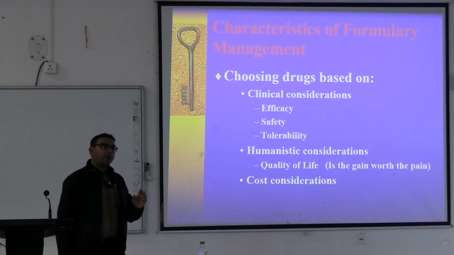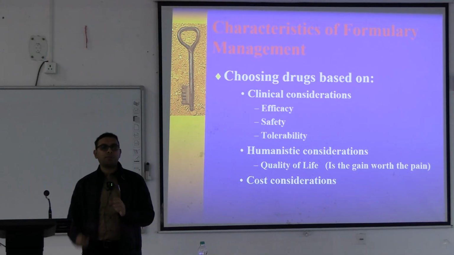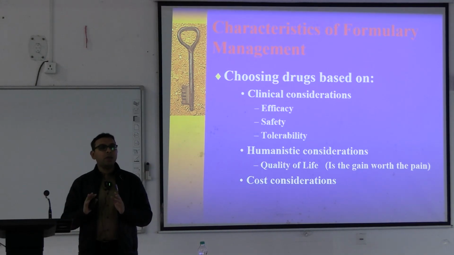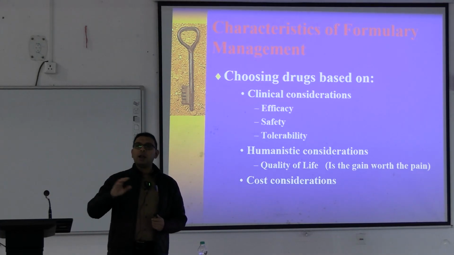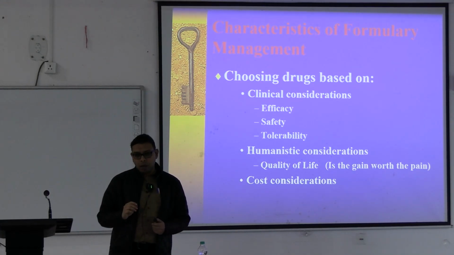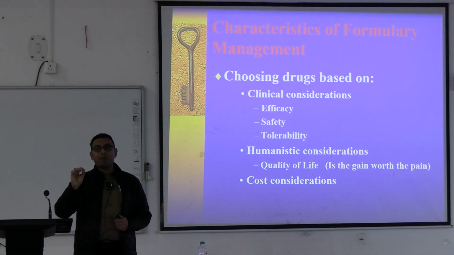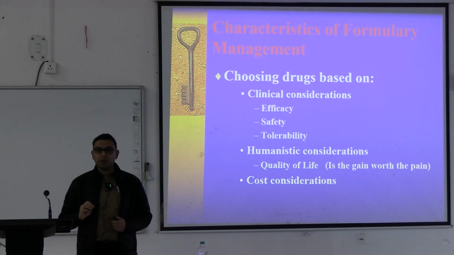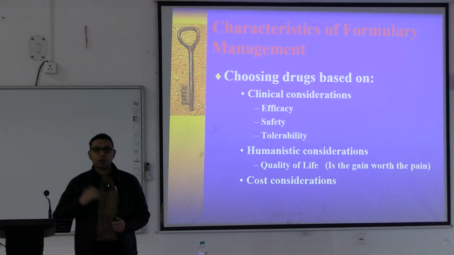You know about the Me Too drugs; there are different types of similar drugs by different brands. For example, there are different types of proton pump inhibitors, different groups of drugs, for example omeprazole, pantoprazole, lansoprazole, etc. For each group, there are different brands, and there are generic products also.